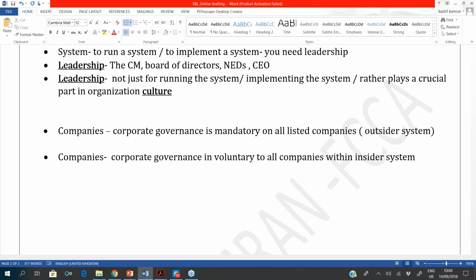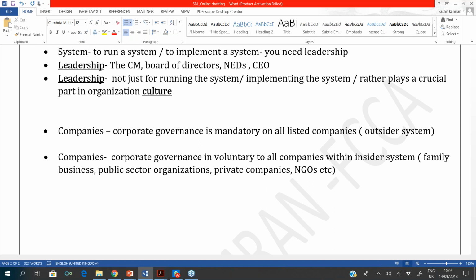It is voluntary for all companies within the insider system, which includes the family businesses, which includes the public sector organizations, which includes the private companies, which includes the NGOs, etc. But if a family business becomes listed, there are so many family businesses in the world which are listed, then that is an outsider system.